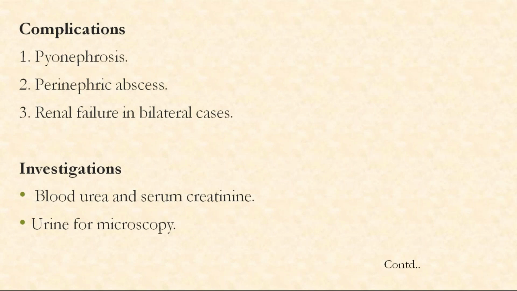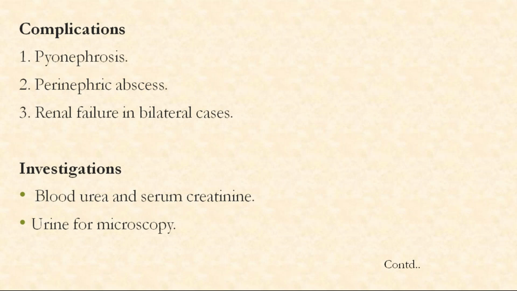So what are the complications? Once the hydronephrosis, which means urine collected in the kidney, is not treated properly, it may progress into pyonephrosis, where it may get infected and ultimately develop pus in the kidney itself.